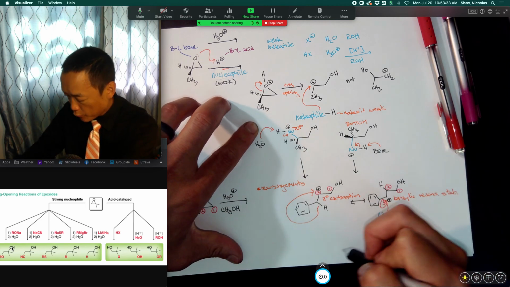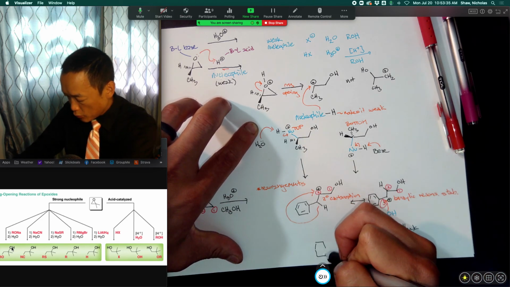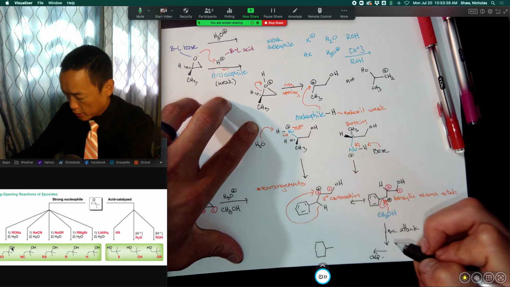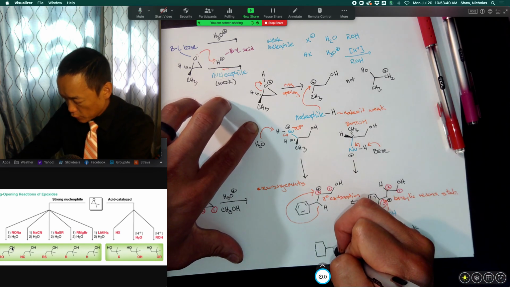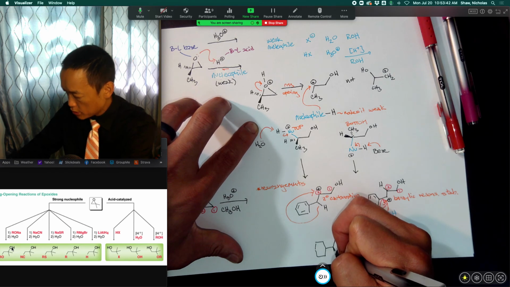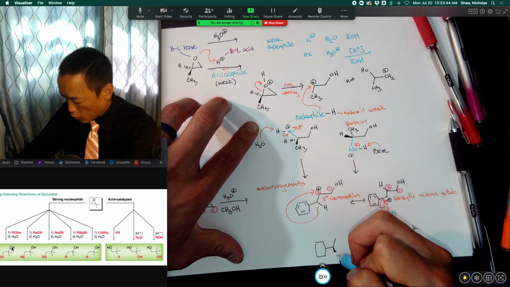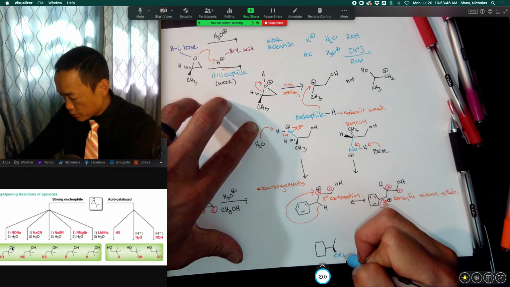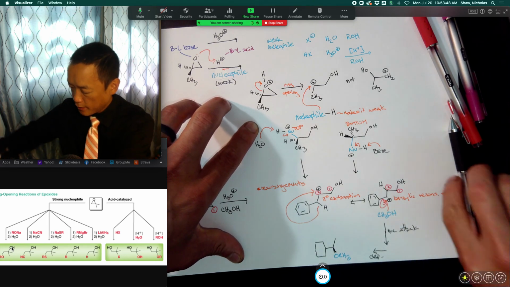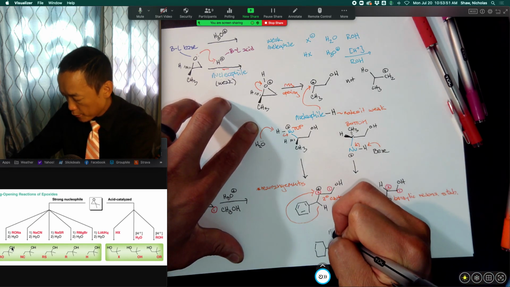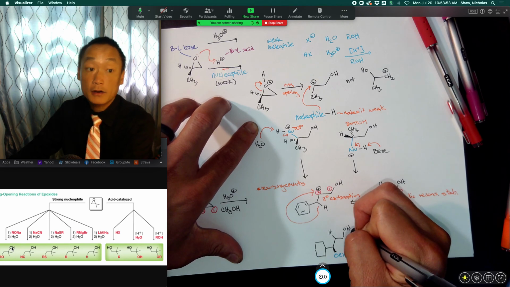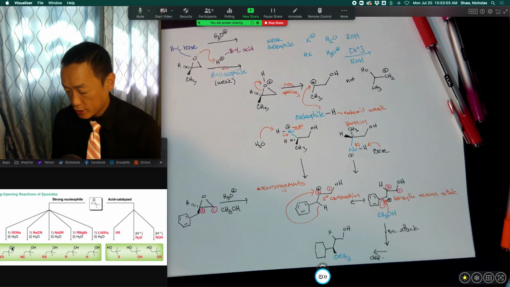The product that we would generate would actually feature the addition of our OCH3 right there at carbon 3 instead of at carbon 1 and 2.